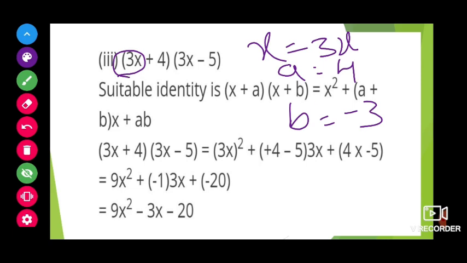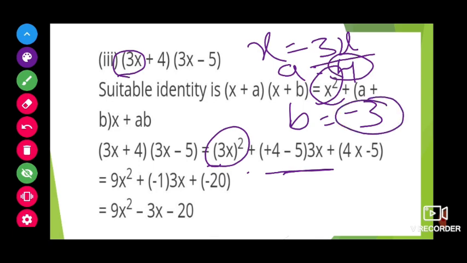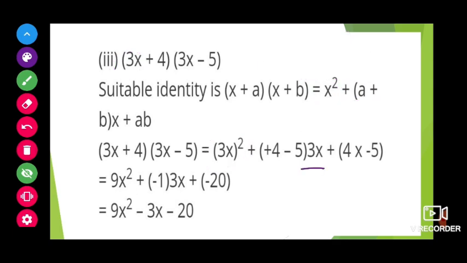So what is the formula? x square, and x is what? 3x. So 3x square plus a plus b into 3x. So a plus b means 4 plus minus 5, which is nothing but 4 minus 5, into 3x.